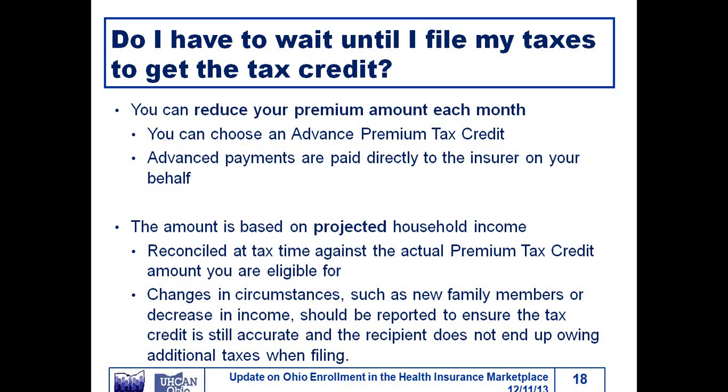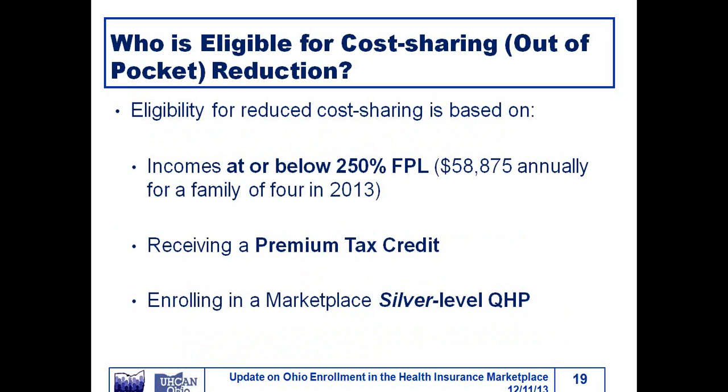And to protect from that happening, any time there's a change in household income or a change in circumstances, such as a new family member or somebody moves out or your income goes up or down, you need to report it to the marketplace to make sure that the tax credit you're getting is still accurate and you don't end up having to pay additional taxes when filing. On the other hand, if you're paying more than you were supposed to, you'll get money back at tax time.